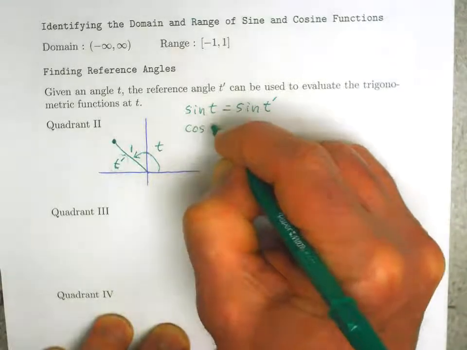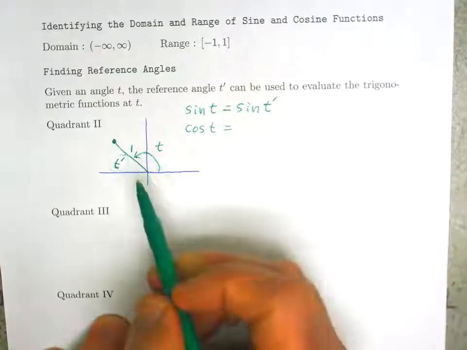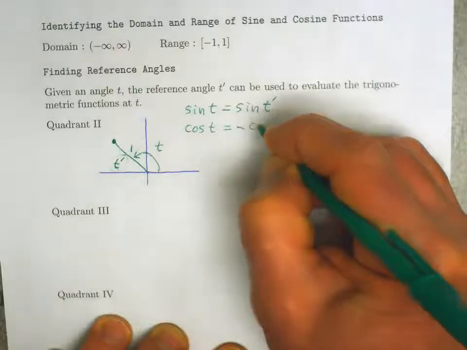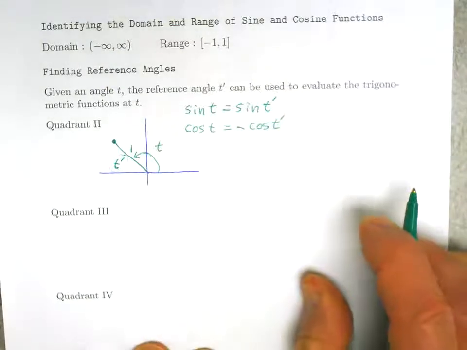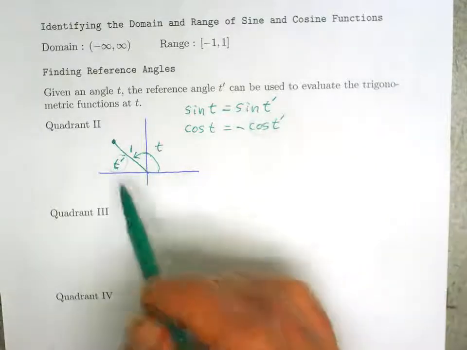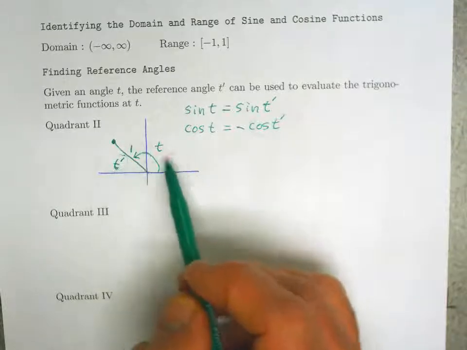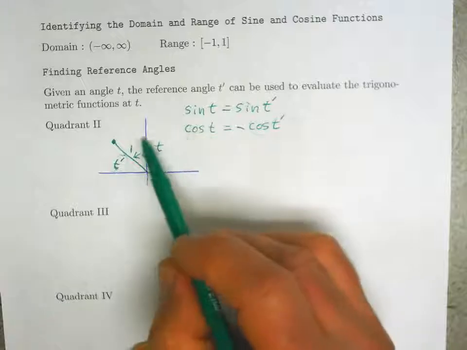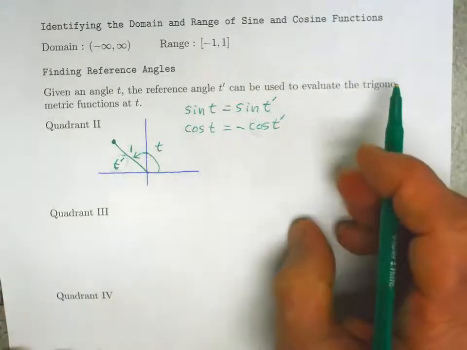So cosine of t is equal to the negative of cosine of t prime. Cosine of t prime has to be positive because t prime is a number between 0 and 90. But since t is in the second quadrant, we know that it has to be the negative of cosine of t prime.